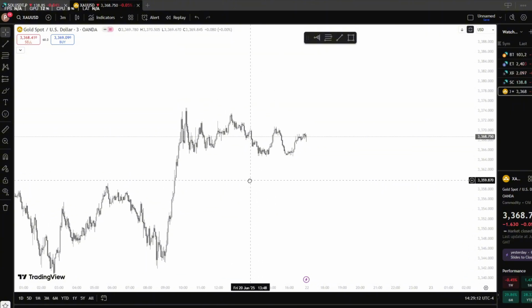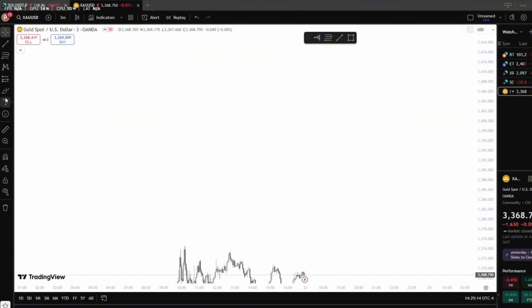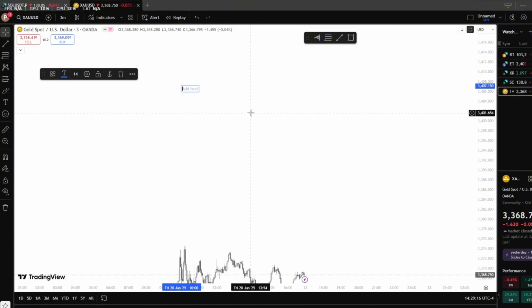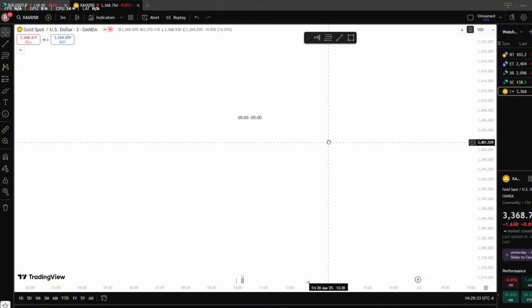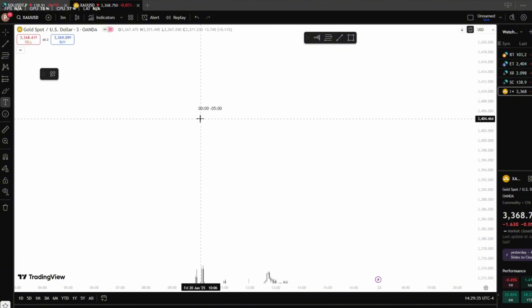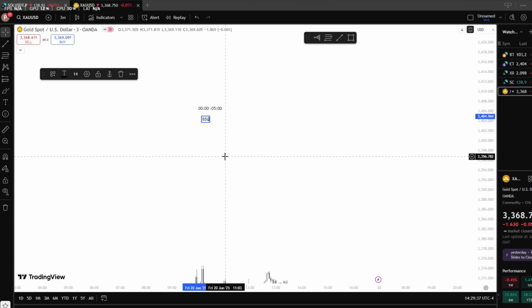Jumping straight into it, I'll give you the rules for this strategy I'm going to be using for gold. Obviously I'm on UTC -4, as you see down here. Between 0, so midnight, to 05, between these two times here, let me put that in black, we're looking for the highs and the lows, so BSL and SSL.